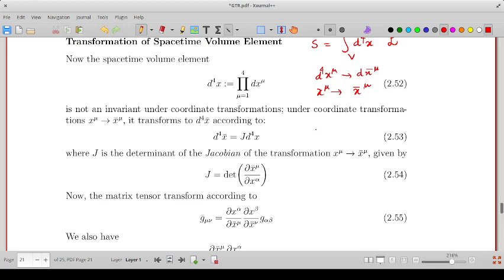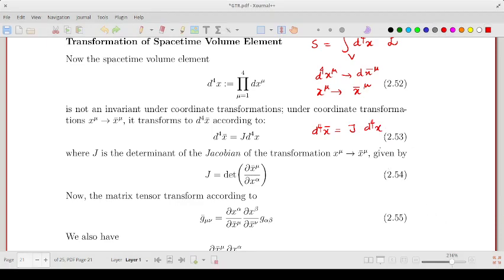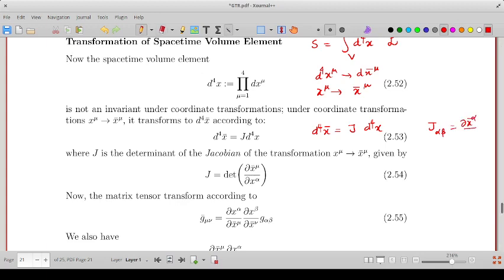So d4x bar is given by the Jacobian determinant J times d4x, where J is the determinant of the matrix given by J alpha beta equal to dx bar alpha by dx beta.